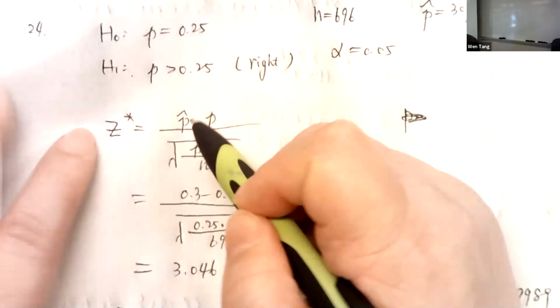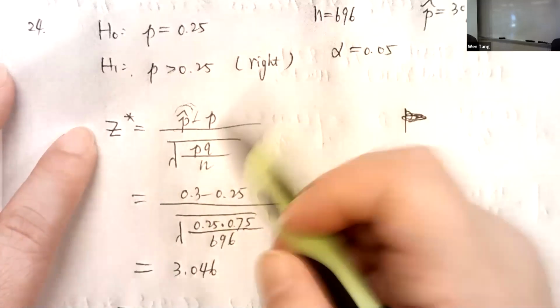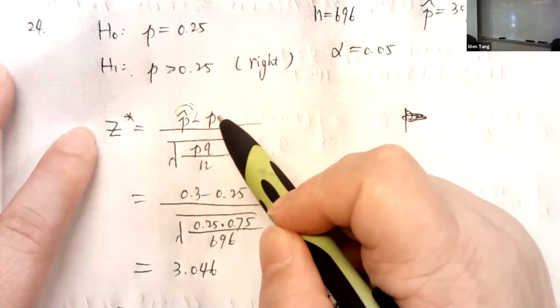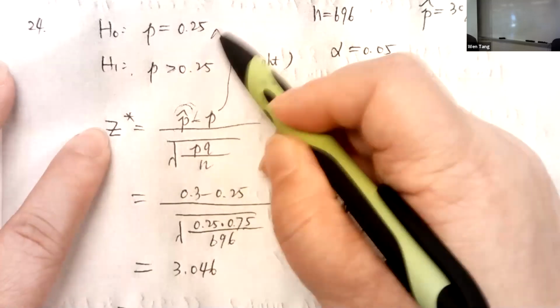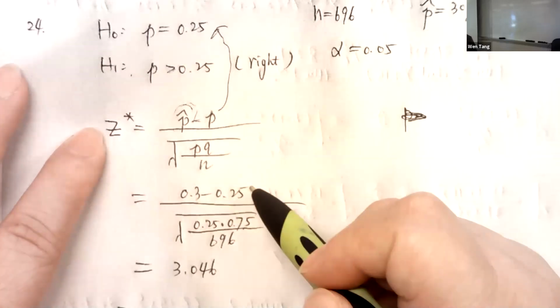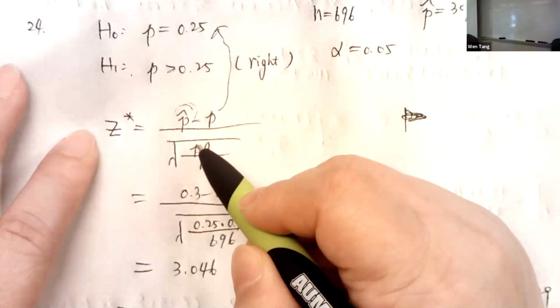Here, the first value is the P hat, the point estimate. And the second value, P. Can we know the value of the population P? Yes, we get it from our assumption. The assumption says P is equal to 0.25, so we're going to use that value. But make sure when you check the denominator, it's not P hat, Q hat.